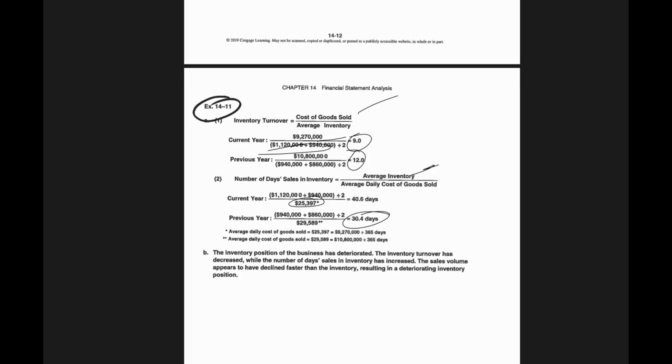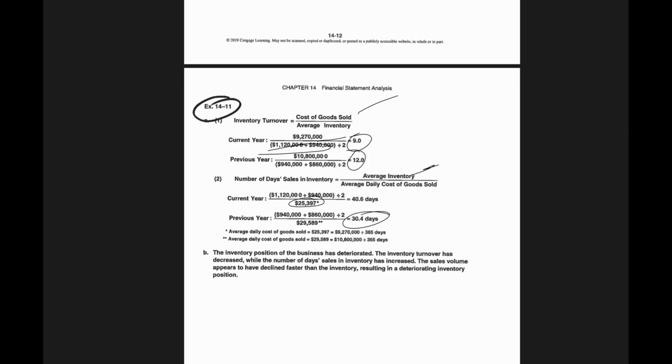So we have a lot of sales sitting in inventory. That's something we probably would want to address.